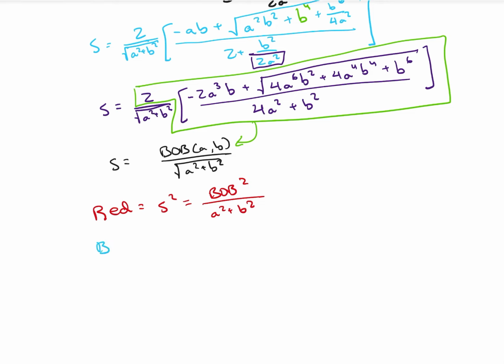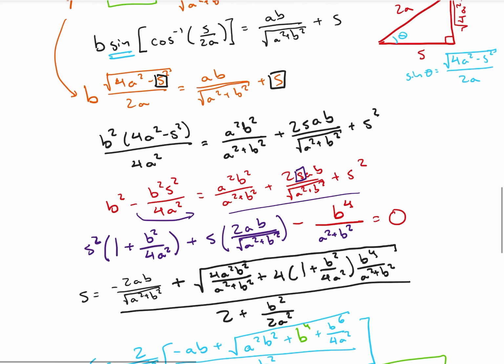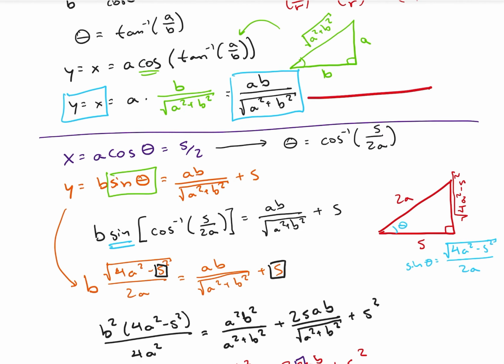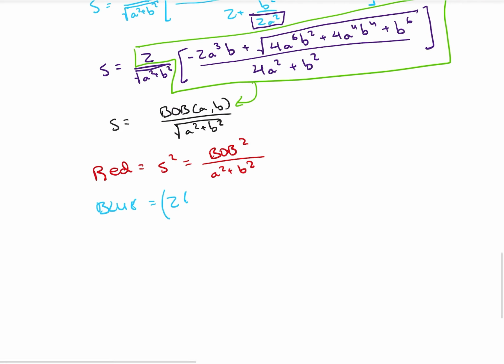My blue area was my 2 times my side length from earlier squared, and before I had, so this is going to be 2 times x, or not x, it was 1 second, so let's make sure we get that right. It was this guy right here, ab over square root of a squared plus b squared. So this is going to be ab over the square root of a squared plus b squared.